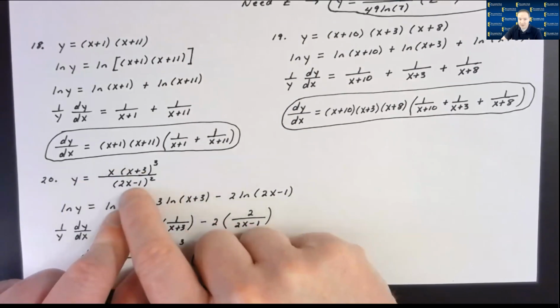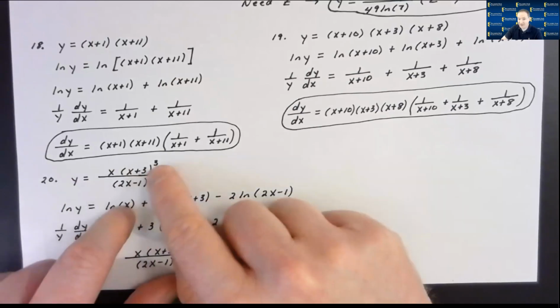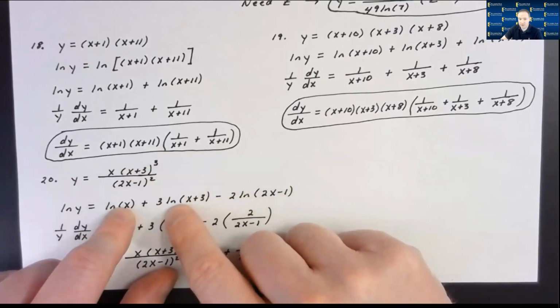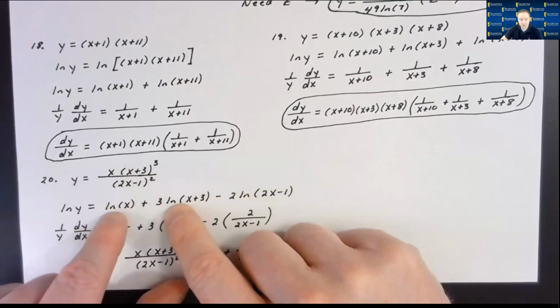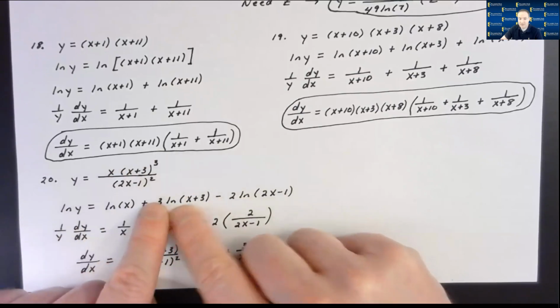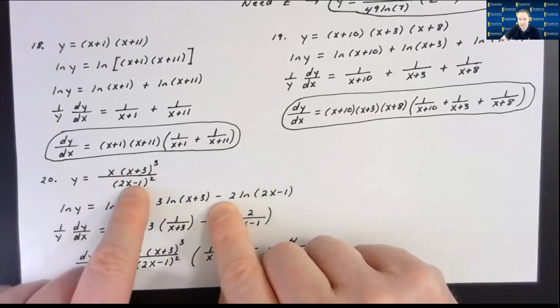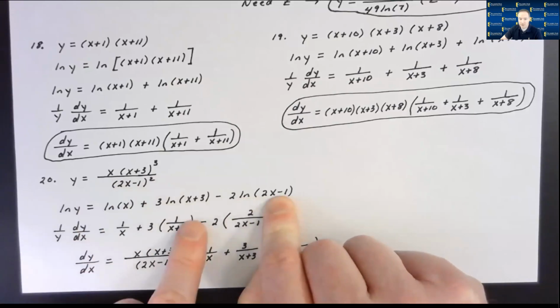Anytime I divide a term, it's going to be a separate logarithm that's subtracted. I also know that any power is going to come down in front of that individual logarithmic term. So when I fully expand the right-hand side, and you should be able to do this in one step, we'll get the natural log of x plus 3 times the natural log of x plus 3, and then minus, because it's in the denominator, 2 comes down in front, natural log of 2x minus 1.